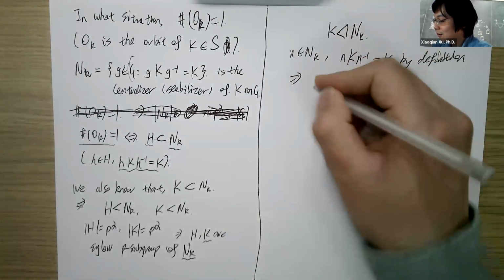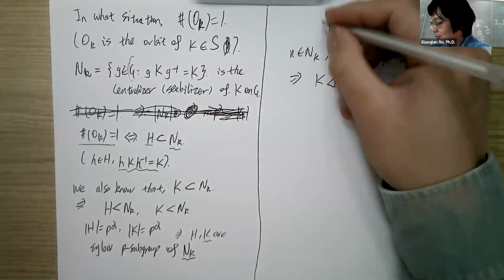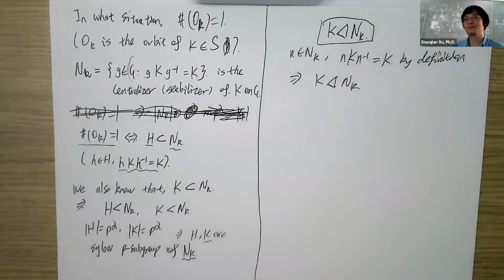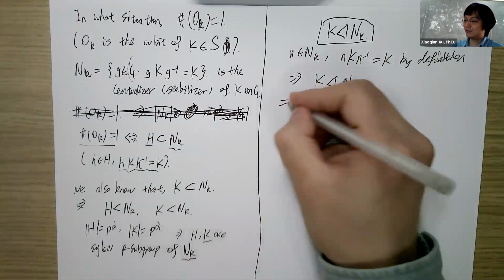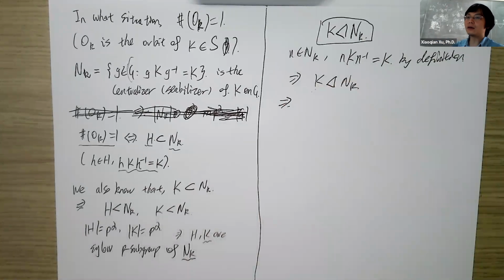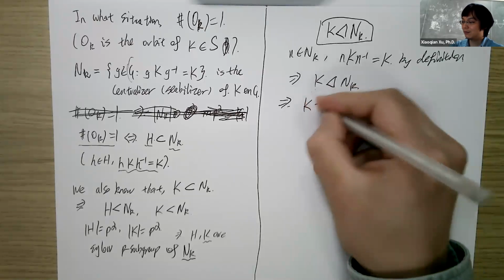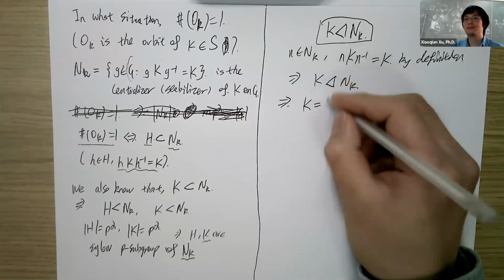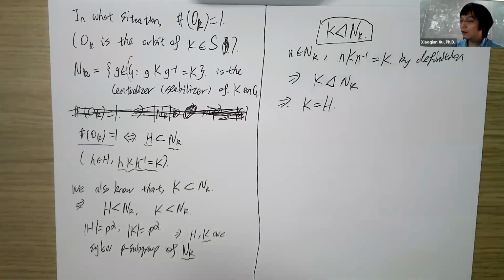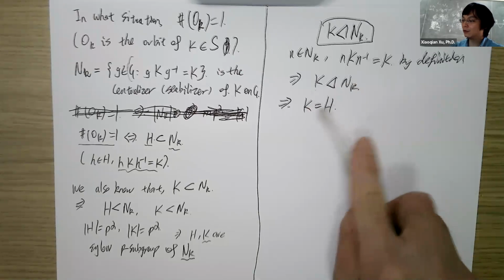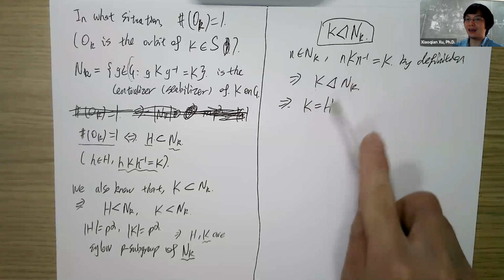So K is a normal subgroup of Nk. Meanwhile, it's a Sylow P subgroup of Nk. The Sylow P subgroup of Nk must be unique, so that means H must be K as well.